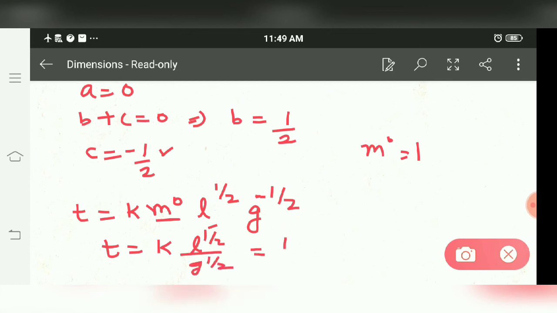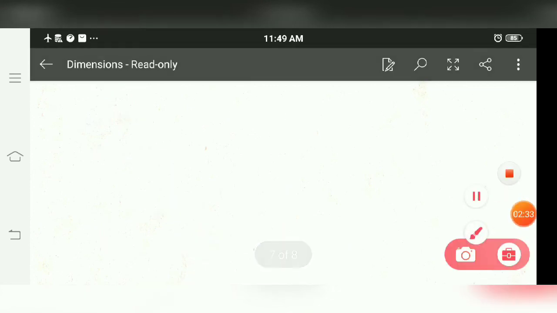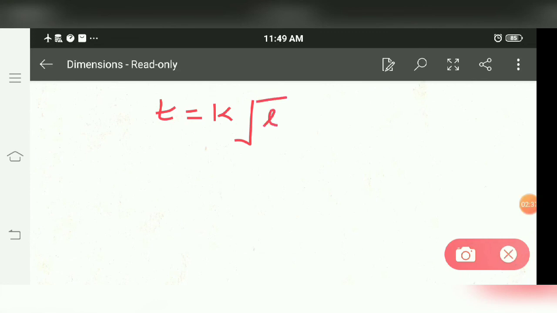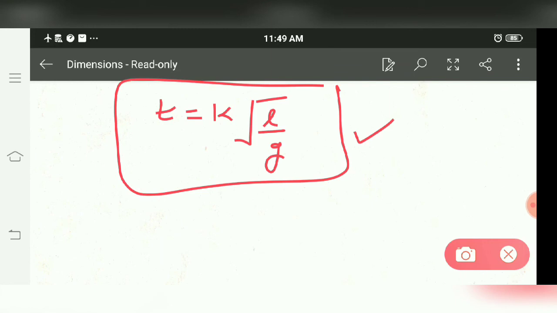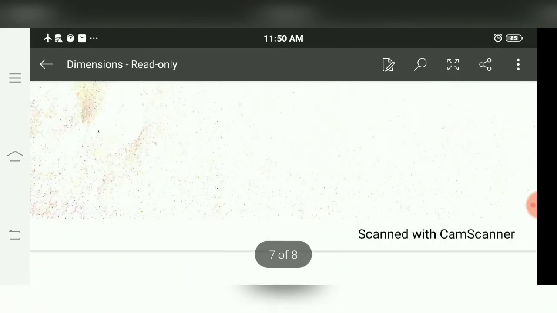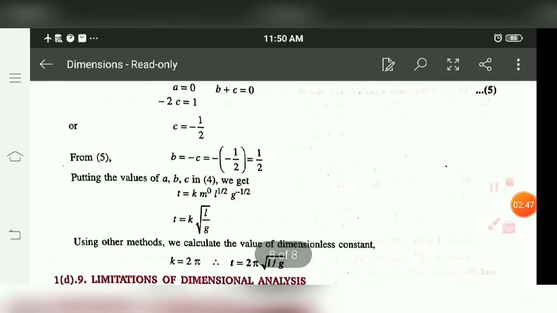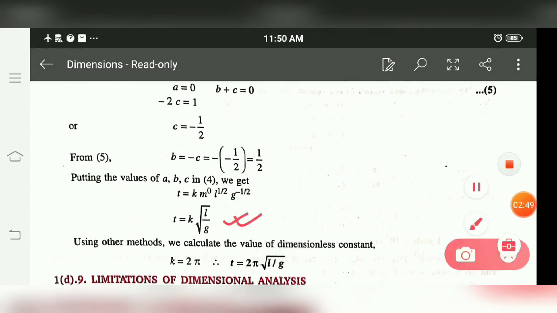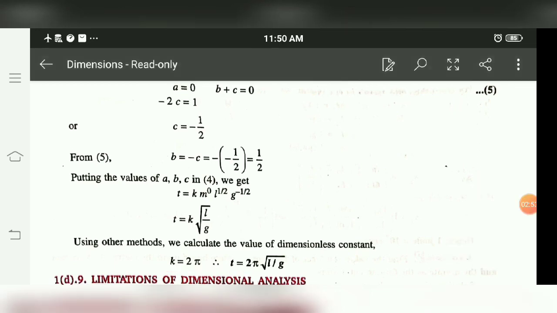So we can write k times L by g raised to power 1 by 2. 1 by 2 represents under root. So T equals k times under root of L by g. So this is the formula of time period of a pendulum, that is T equals under root L by g, where this constant is equal to 2 pi. So the formula is time period equals 2 pi under root L by g.